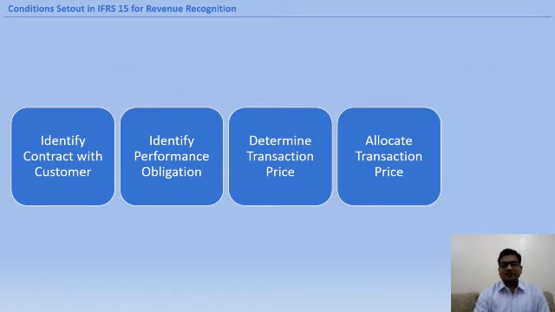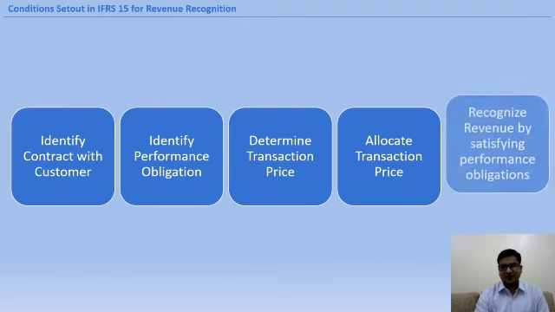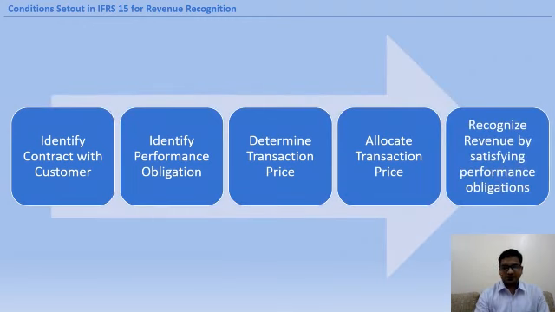Going on to the next item. This is the final one, that is recognizing revenue by satisfying the performance obligation. A performance obligation could be satisfied either at a point in time or over a period of time.